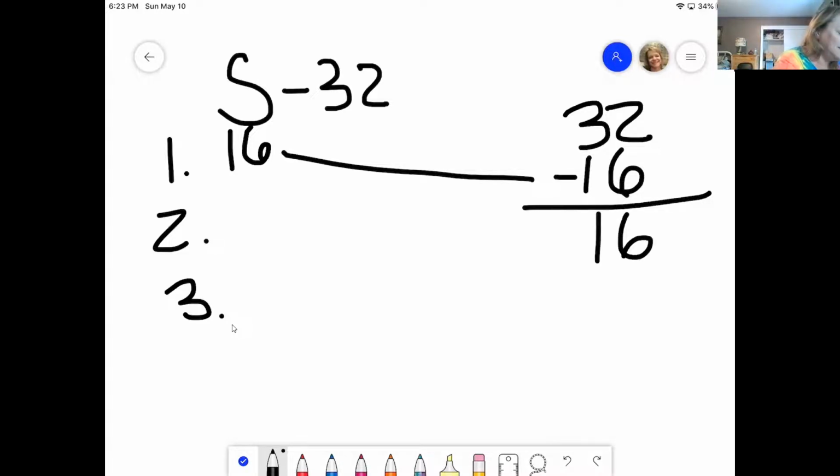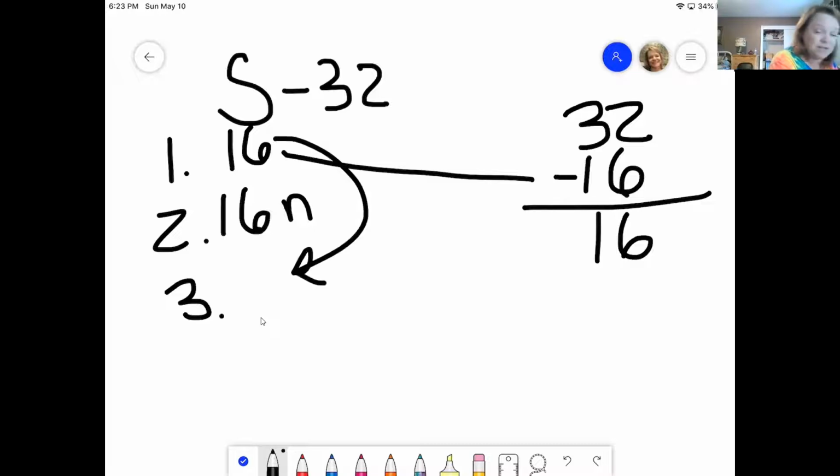We find out that this atom also happens to have 16 neutrons. 16 and 16 is 32. The atomic number plus its number of neutrons is going to give you the mass number. Number 3, how many protons are there? That's easy because once we've identified what its atomic number is, it's by definition the same thing as the number of protons. So there's 16 protons.